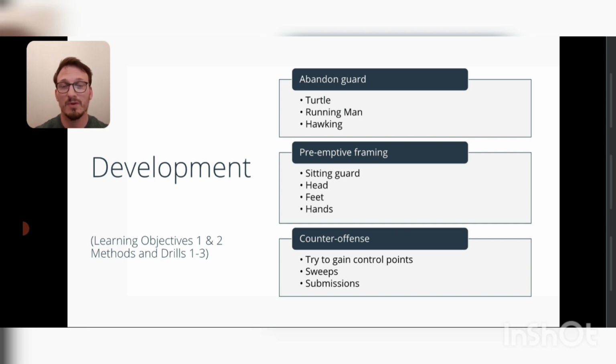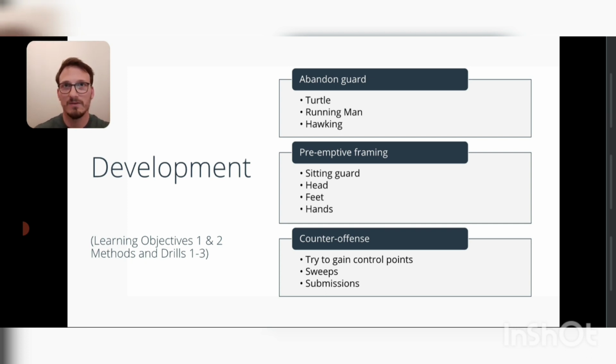You already have the very, very early stage of guard retention. If you have a good spider guard or De La Riva guard or X guard, you have lots of control points, and that's already preventing your opponent from passing a guard. They will have to strip the grips first before actually moving on into the knee or elbow space.